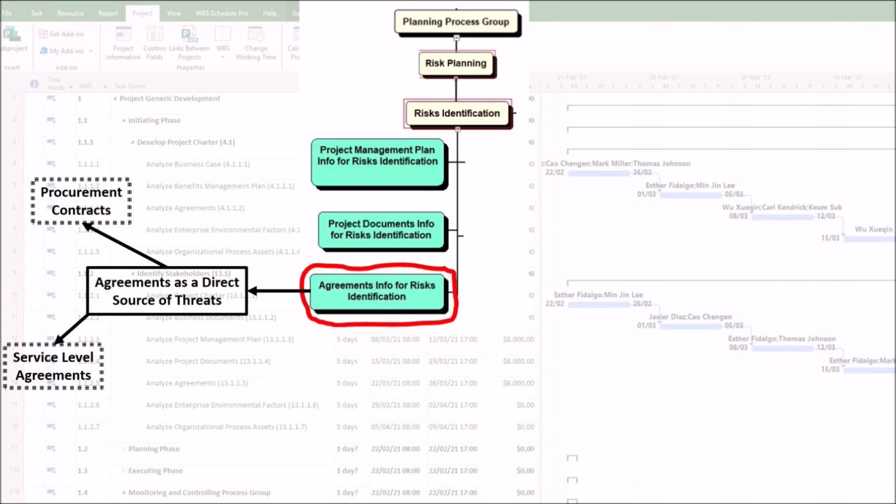Second, service-level agreements. A significant threat is the possibility of an IT service provider failing to meet the agreed-upon uptime, such as 99.9%, impacting the project team's ability to work and potentially incurring financial penalties.